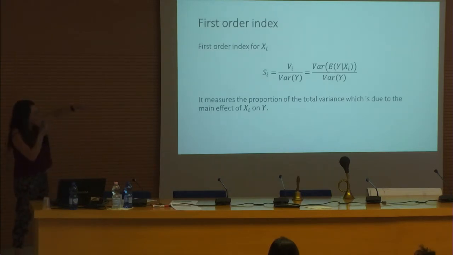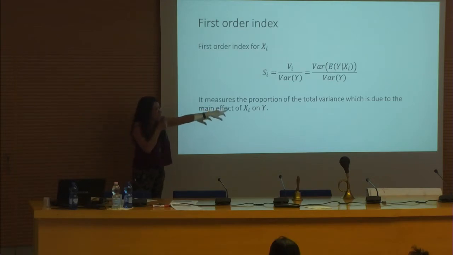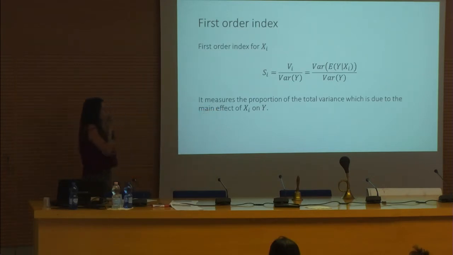If we divide each of these components by the total variance, we can measure the proportion of the total variance which is due to the main effect. For example, if we look at the first order index, we can measure the proportion of the total variance which is due to the main effect of the input xi on the output.